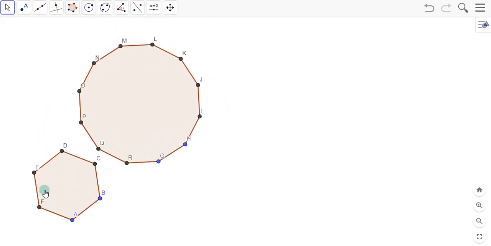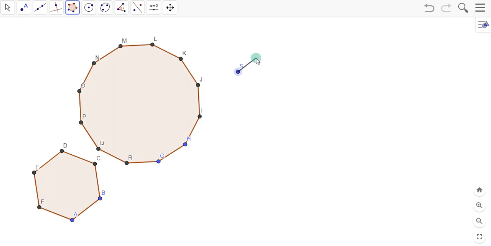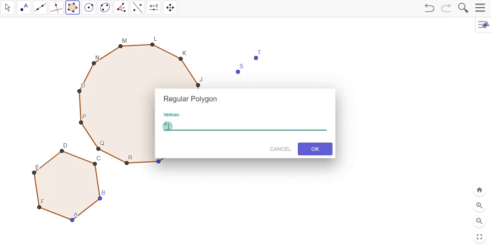Here you can see this is a 6-side polygon, then this is a 12-side polygon. Then we are going to double it again, to a 24-side regular polygon. This is one side length, and we give the sides 24.